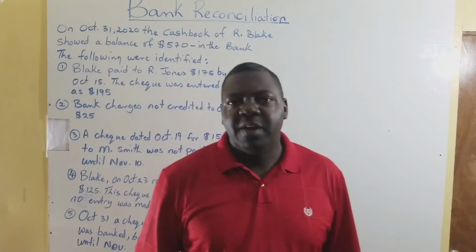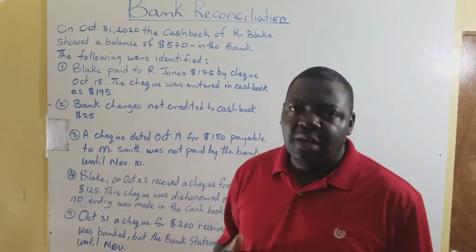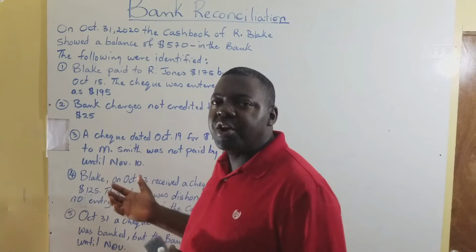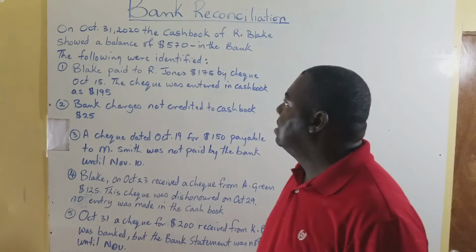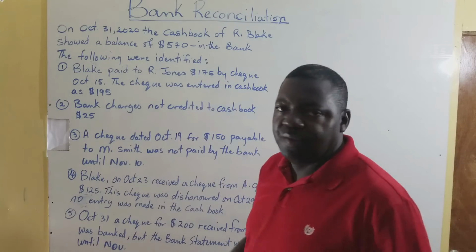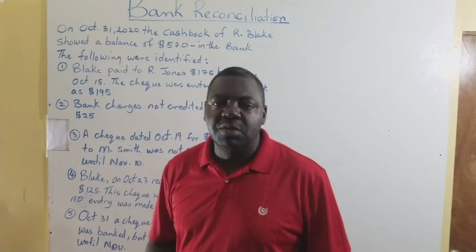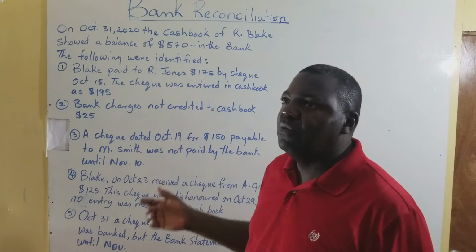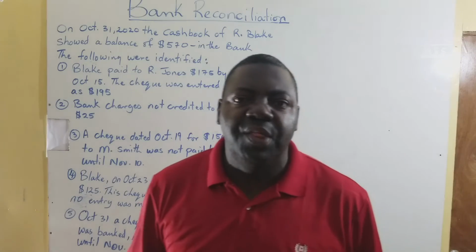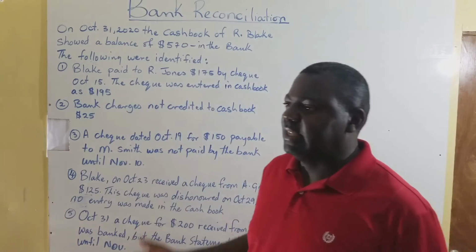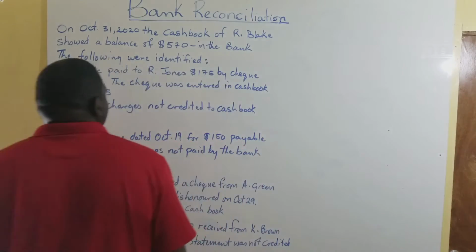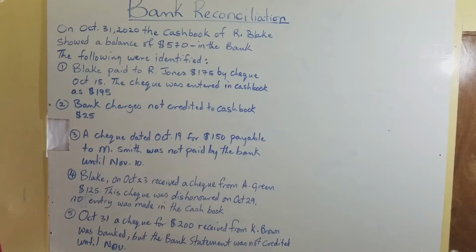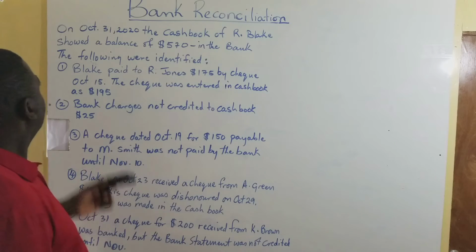In this lesson, we are seeking to go a little bit deeper, looking at a worded situation. And I'm going to read through just to make sure that you are able to see or comprehend what the question would be like and how we would treat with a situation like this in bank reconciliation. So let's go ahead, ladies and gentlemen.